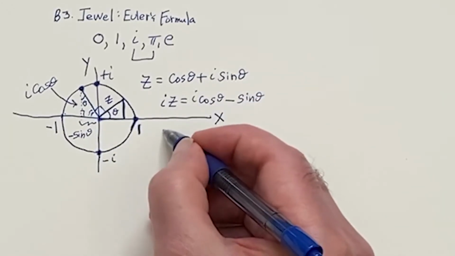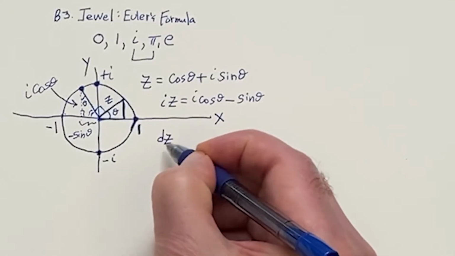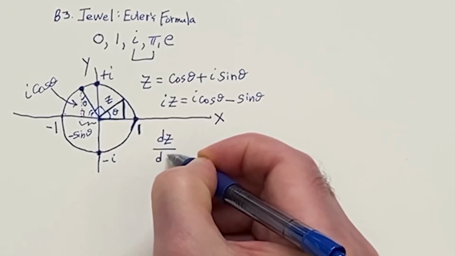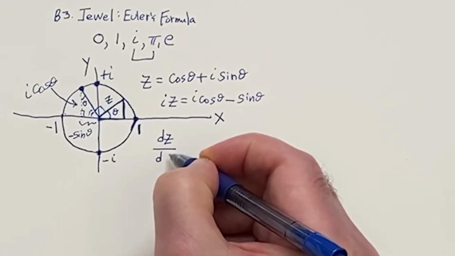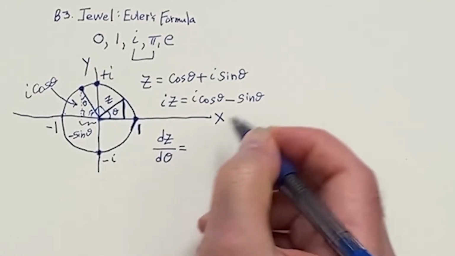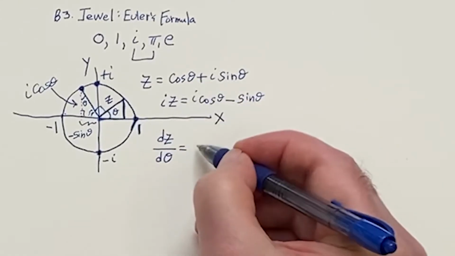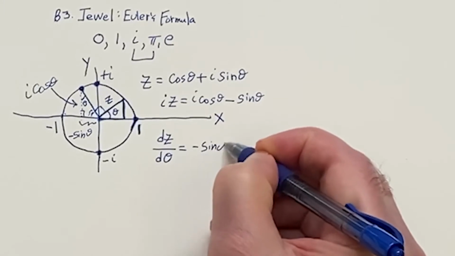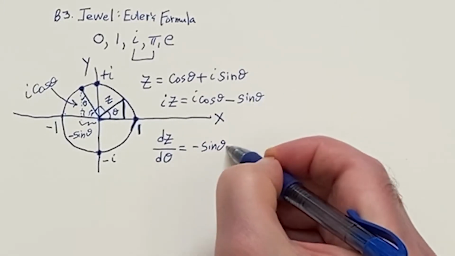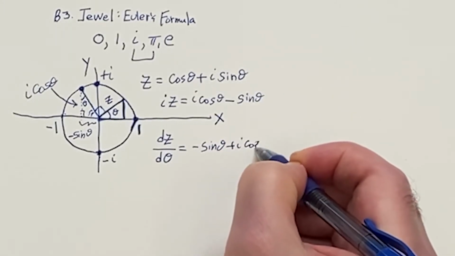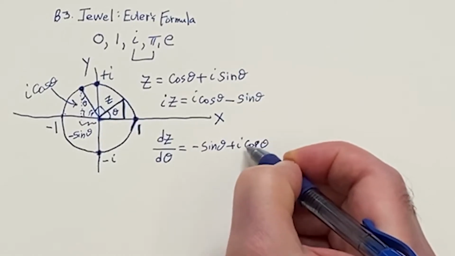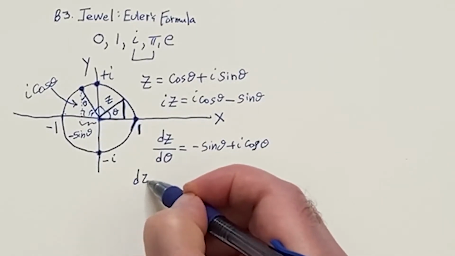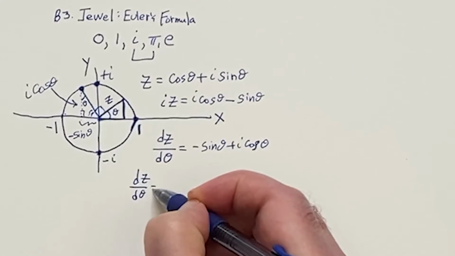Well, watch this trick. If you take the derivative of z with respect to theta, you get negative sine of theta, and then you get plus i times the cosine of theta. In other words, dz/d theta is iz.